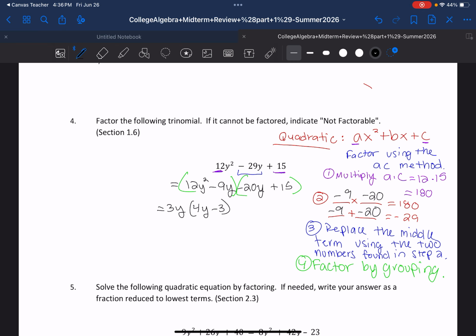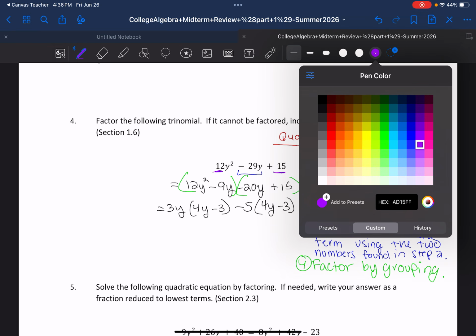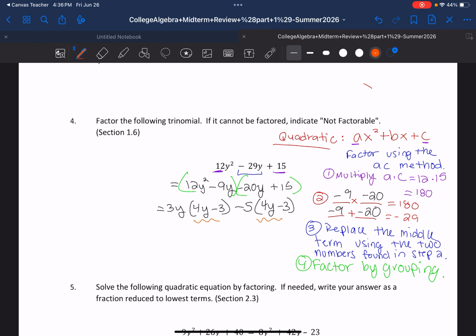The second two terms start with a negative right there, so I have to pull out a negative factor. And 20y and 15 both have a factor of 5, so my GCF would be negative 5. And then that would be multiplied by positive 4y minus 3 after I divide both of those by negative 5. So notice that these match, which they should. Like I said, when you factor by grouping, those should match.